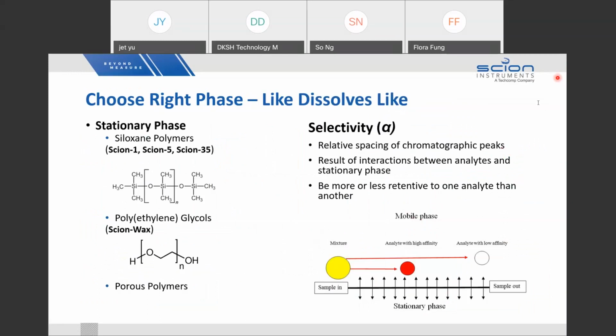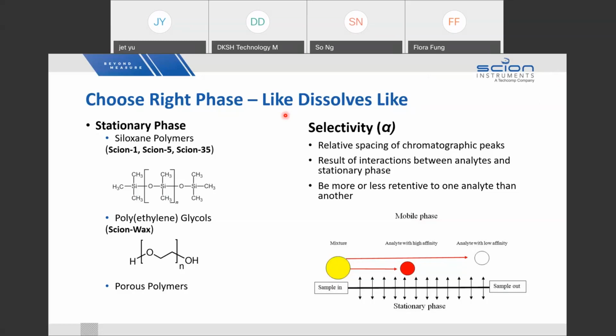The first step to start with analysis is the stationary phase of the column, because this is the core of the separation. Without the right stationary phase, you are not able to separate your target compounds. The principle is like dissolves like.